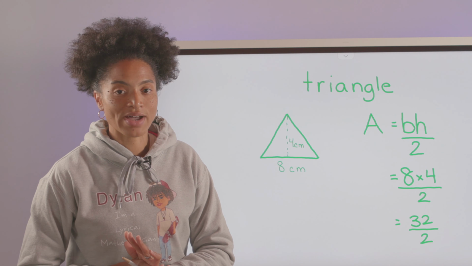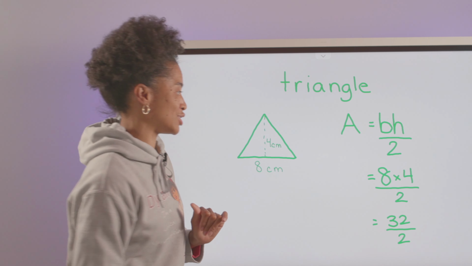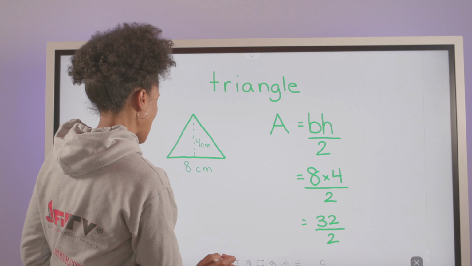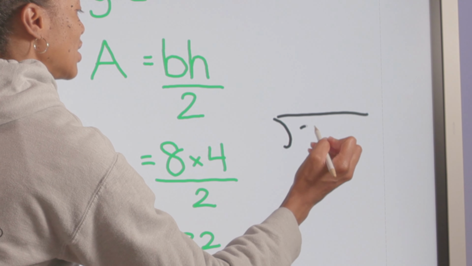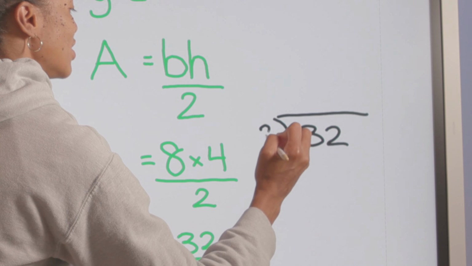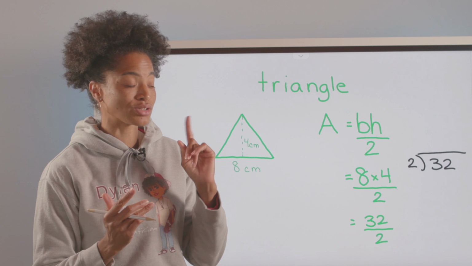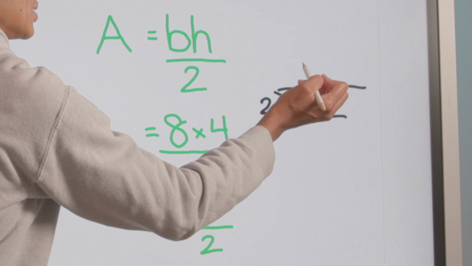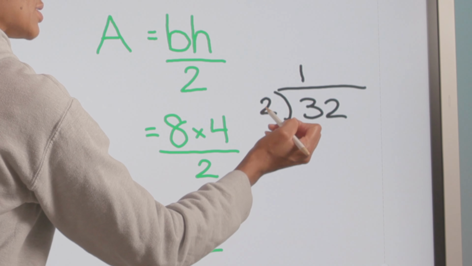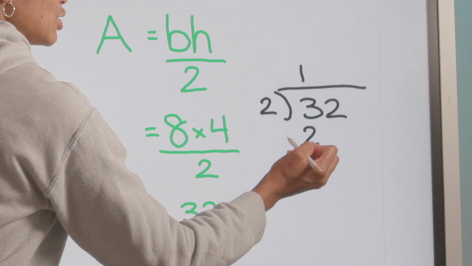We want to get to our final answer simply by taking 32 and dividing by 2. So I'm going to go off to the side as if I have some scrap paper, and I'm going to figure out what is 32 divided by 2. Divide. Put the number on the top. So the number of groups of 2 I can get out of 3, I put at the top. That's one group. Multiply. Put the number on the bottom. One group of 2 gives me 2.